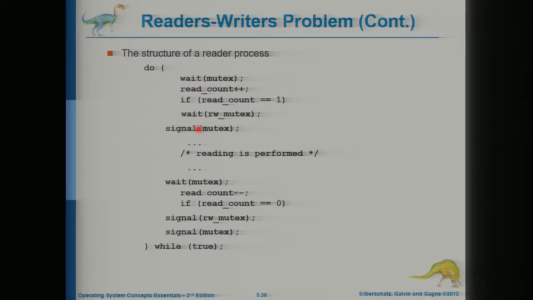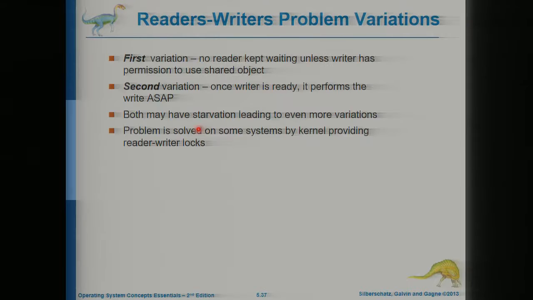Then in that case, you will signal the read-write mutex, so that if any process is waiting to write the data set, it will write the data set. Once that is done, it will signal the mutex. Signaling the mutex lets other processes increment or decrement the read count. So that is the reader-writer problem.